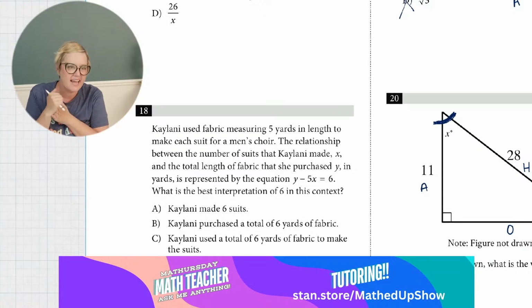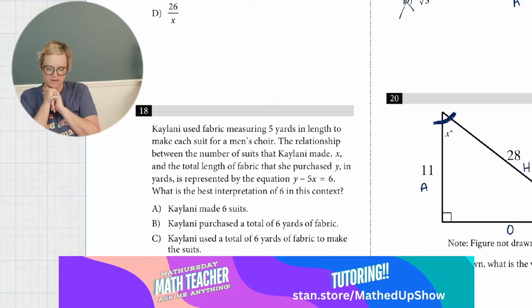All right, let's take a look at this problem. And again, I'm working through these problems with you guys. So I have not looked at the answer key or anything. So we're going to work through these together.